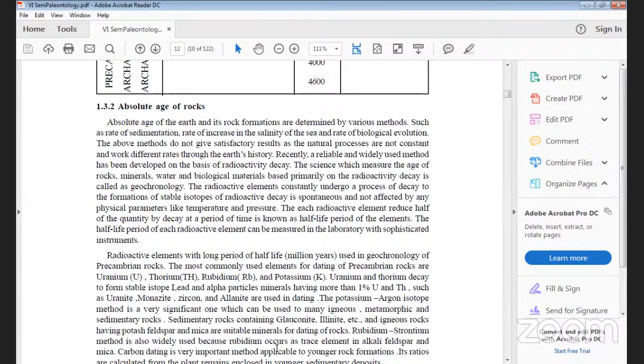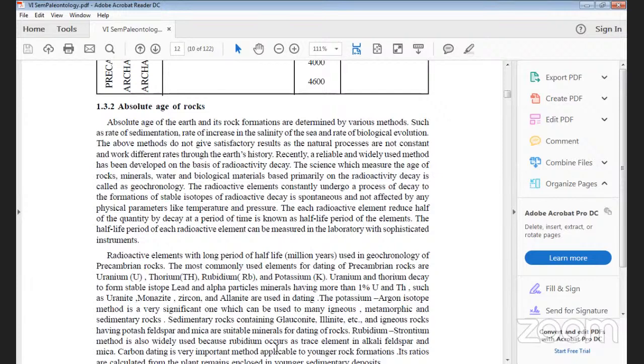The radioactive elements constantly undergo a process of decay to form stable isotopes.